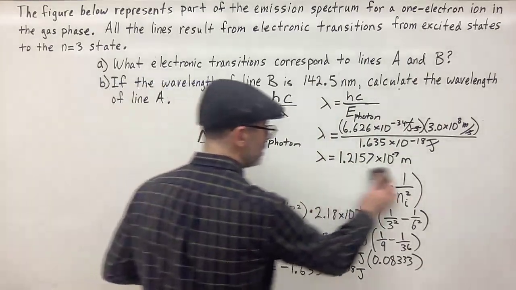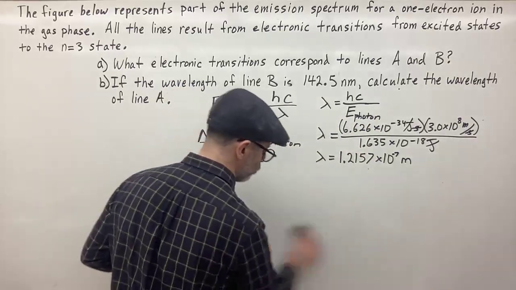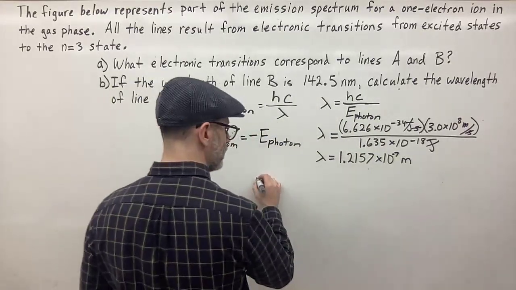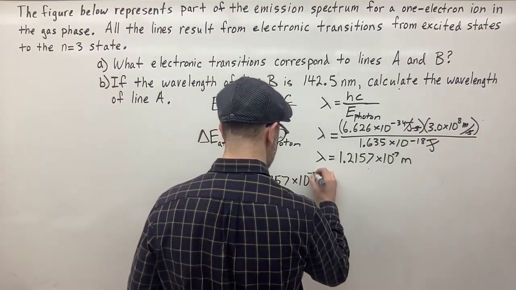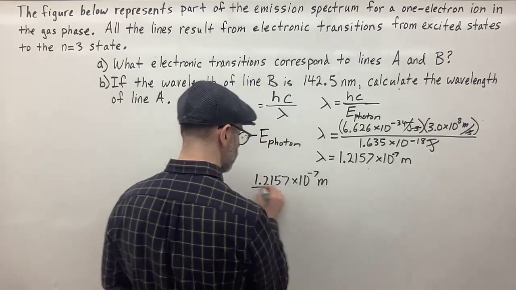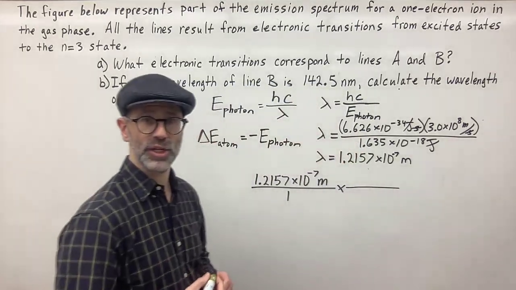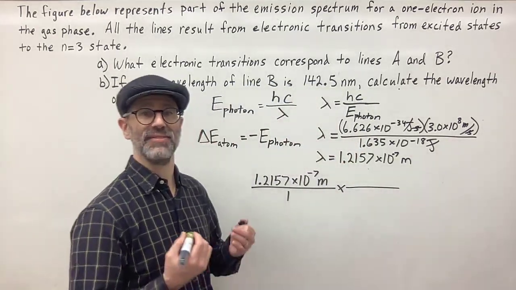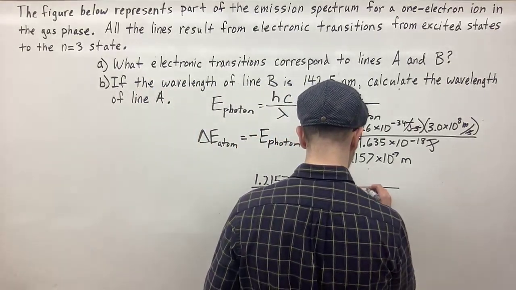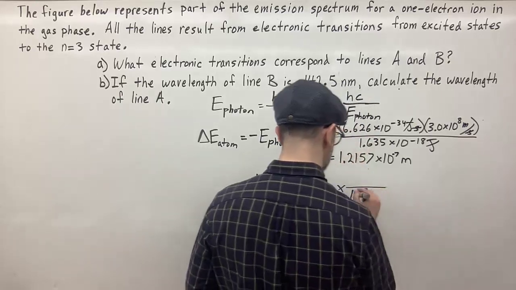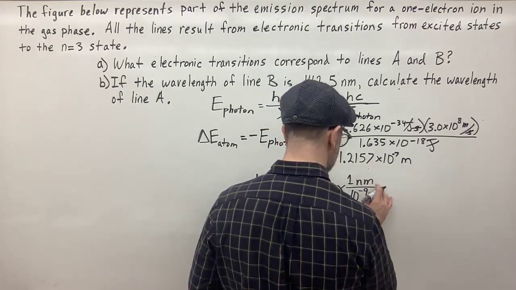And because wavelength of light is usually put in nanometers, we have to convert this to nanometers. So we're going to take 1.2157 times 10 to the negative 7 meters over 1. Again, I know 1 nanometer is equal to 1 times 10 to the negative 9 meters. So I'm going to use that to convert. I'm going to put 10 to the negative 9 meters on the bottom, and 1 nanometer on top.